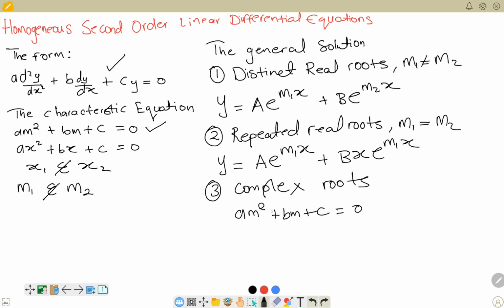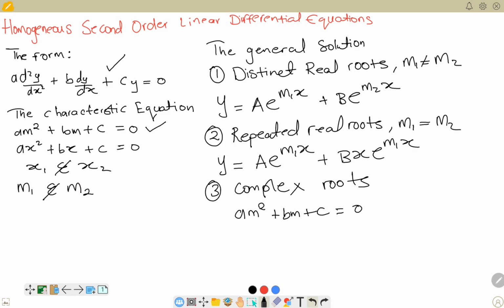If we cannot factorize, we will use the quadratic formula. And we know that the quadratic formula, if we are solving for m, is simply going to be m equals, we solve it the same way we solve for x: negative b plus or minus the square root of b squared minus 4ac, over 2a.